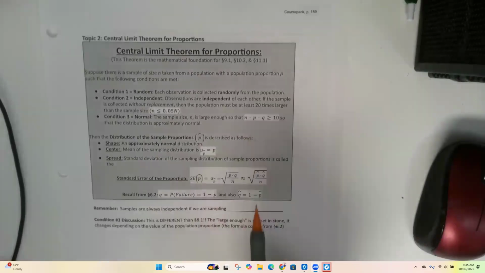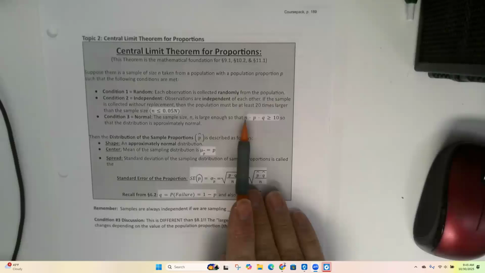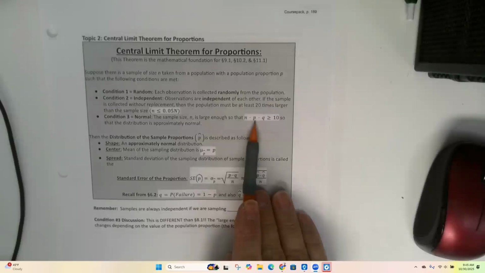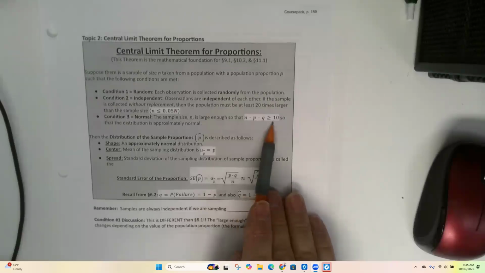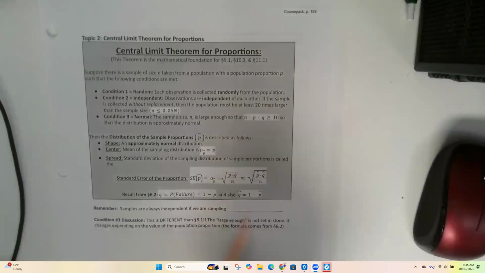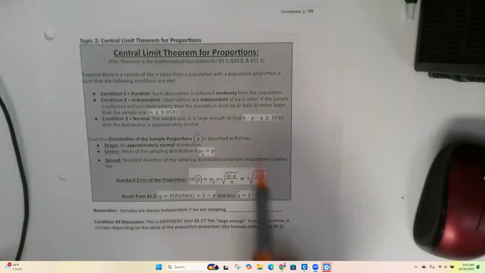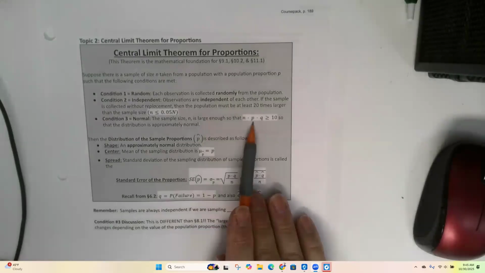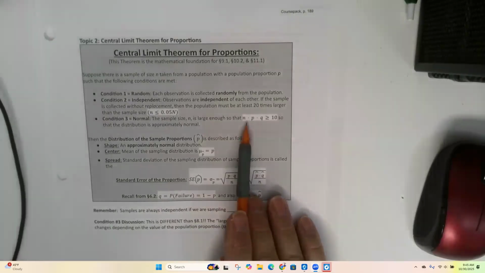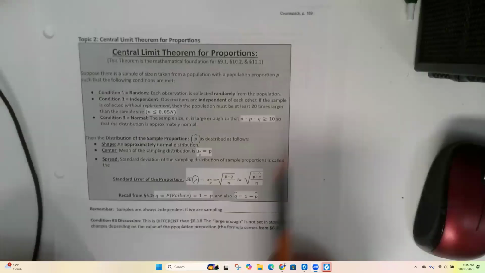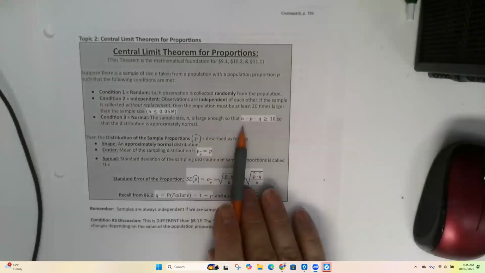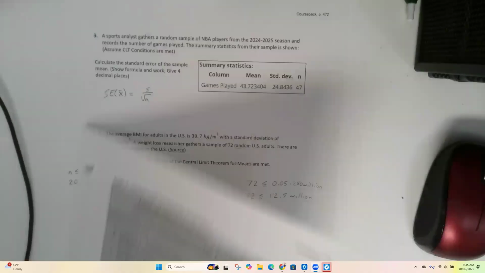You take your sample size times your expected proportion p, and then times q, which is 1 minus p. That needs to be larger than 10. The reason is that if you just use a sample size of 30, but your proportion is very, very small or very, very large, then just being bigger than 30 is not enough. We can talk about that when we look at those, but pay attention to whether you are looking at means or proportions for this part of the question.